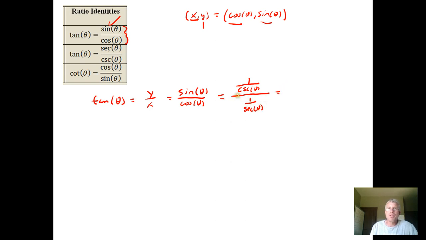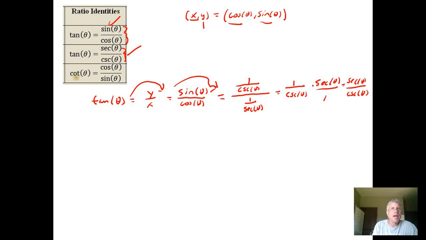But if you have a division of two ratios, you can rewrite that as the product of the numerator times the reciprocal of the denominator, which is just equal to secant of theta over the cosecant of theta. So that establishes the second result as being an identity. It's equivalent to the tangent because I'm able to get to it through a series of equalities.